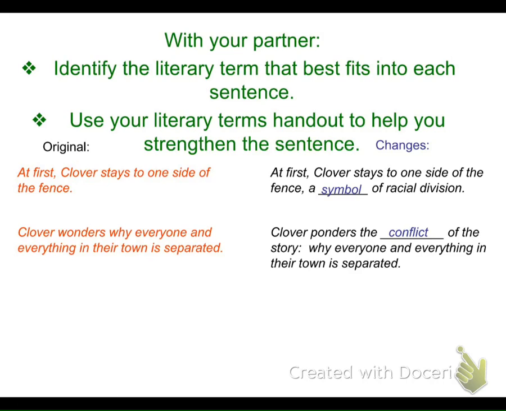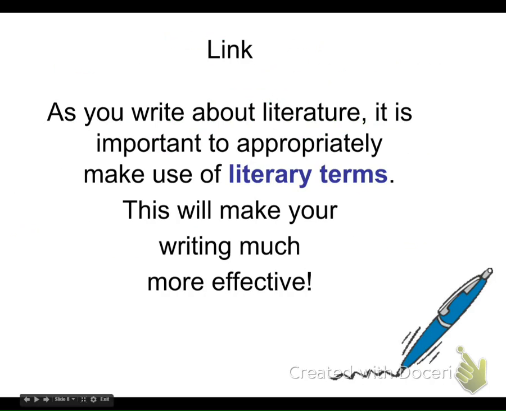Well, I know that the fence is actually a symbol of segregation in this story, so therefore I'm going to change fence and include the fact that I know it's a symbol. The second sentence, Clover wonders why everyone and everything in their town is separated. So she wonders why there's this conflict. So that's another word I can use in my essay to show that I know that a conflict is in the short story.